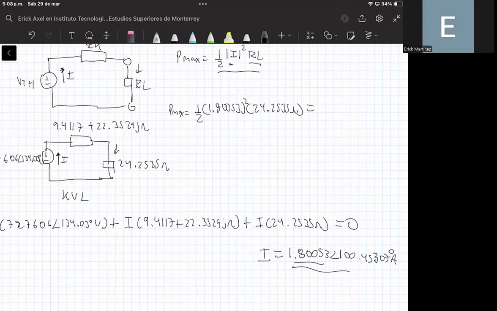So the maximum average power transfer is equal to 39.3142 watts. So this is the result for this exercise.